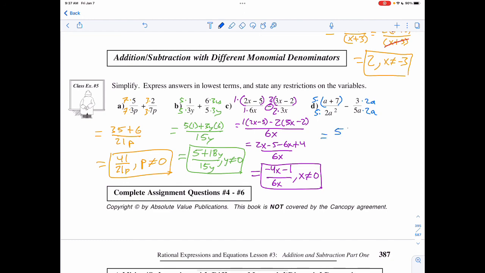This is going to give me 5 bracket a plus 7, minus 2a bracket 3, all over that 10a squared that I needed in the denominator. This is the same as 5a plus 35 minus 6a all over 10a squared. Or when I combine my like terms, negative a plus 35 all over 10a squared, so long as a cannot equal 0.